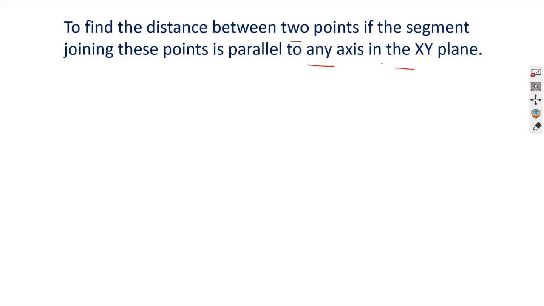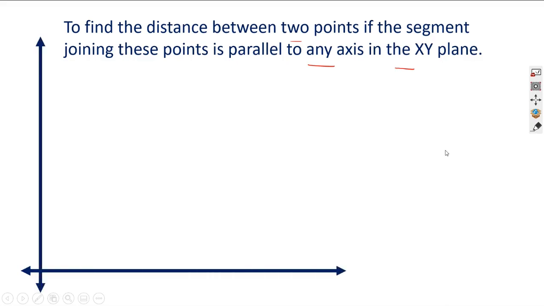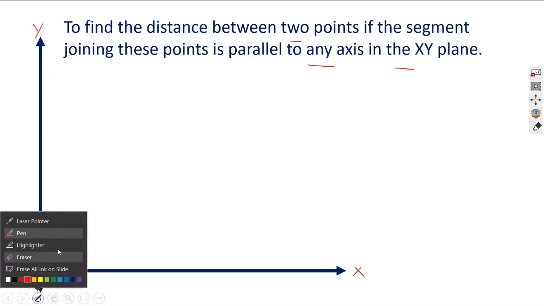If that segment joining this point is parallel to any axis, it's better I show you with a diagram. I'm taking this y-axis and x-axis as before. X dash and y dash are made smaller.